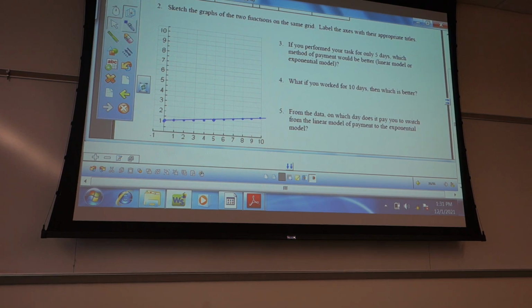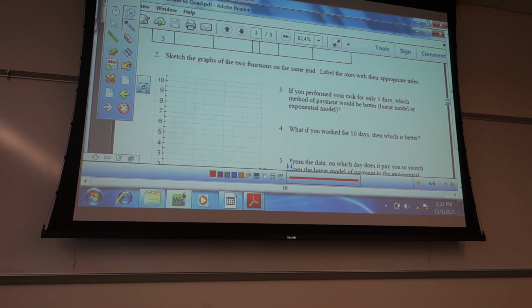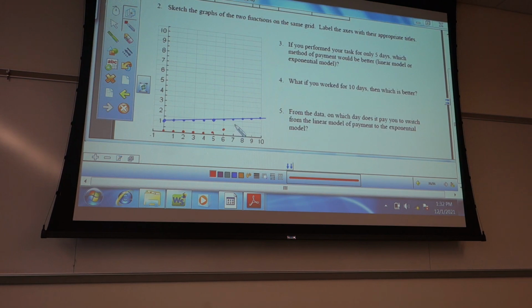And then the red one, I start off with 1 cent, 2 cents, 4 cents, 8 cents, 16 cents, 32 cents, 64 cents, $1.28, $2.56, $5.12, $10.24.